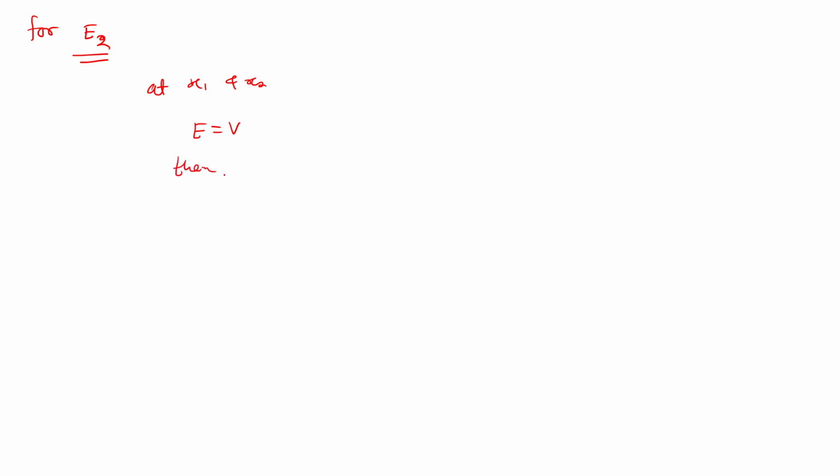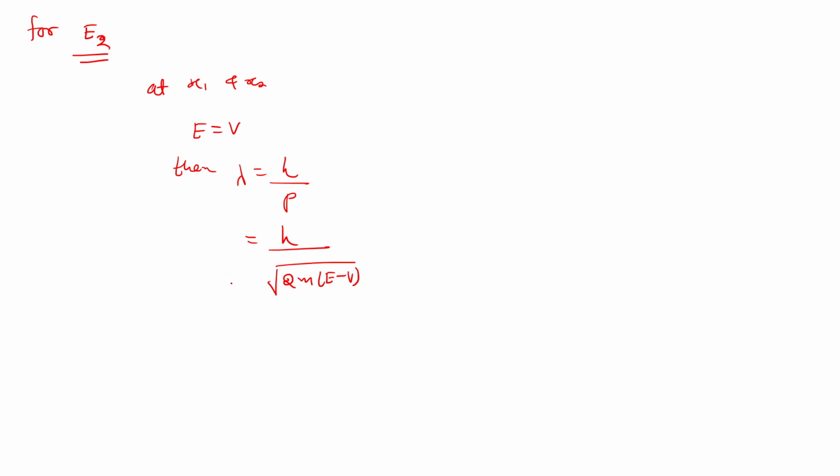So then you know this could be written as the lambda value, which is h over p, the de Broglie wavelength. So from that we can write p as root 2m (E minus V), a very well known function. Here you see E is equal to V, so this will become 0.